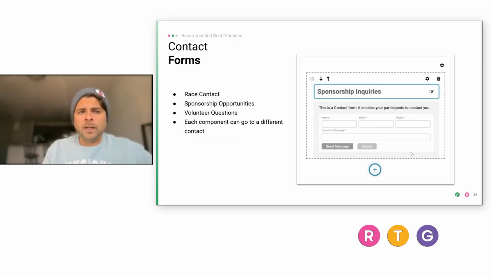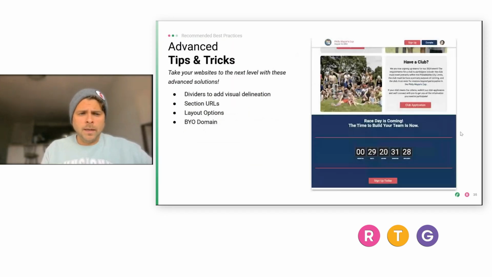You can have multiple contact forms, I believe. So you could build this out in a way that gives people the feeling that they're interacting with their specific need a lot more and not just kind of stumbling through things.